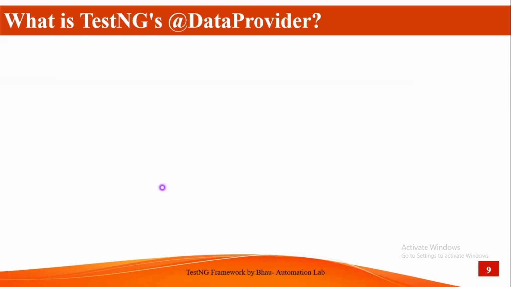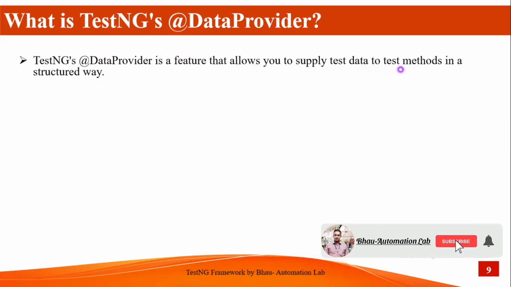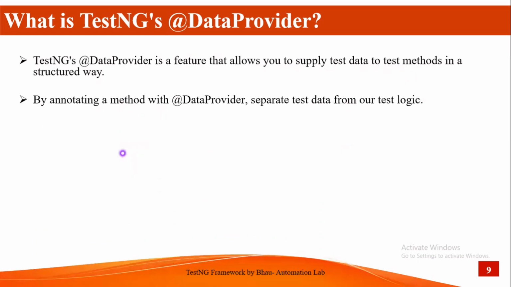So what is this TestNG data provider annotation? TestNG data provider is a feature that allows you to supply test data to the test method in a structured way. Okay, and by annotating a method with the data provider, we separate test data from our test logic.